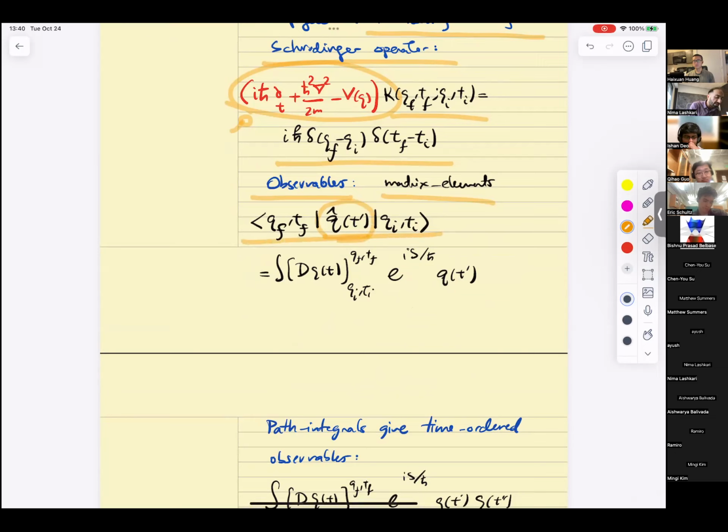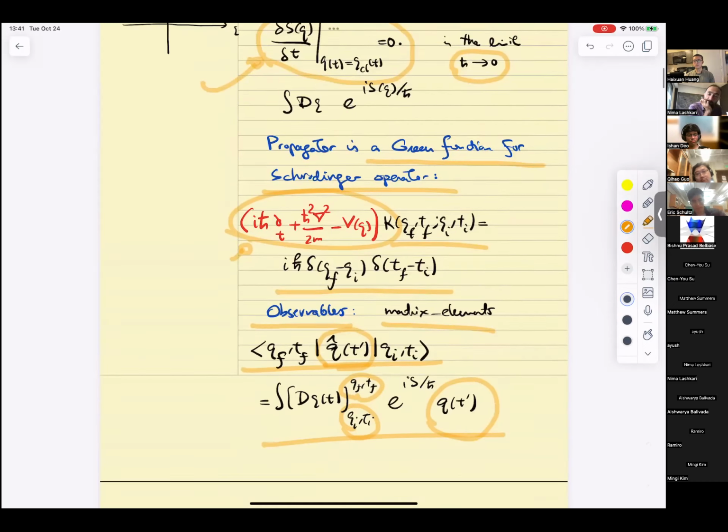The matrix element like this is calculated simply by inserting some q of t prime. This notation means that you're performing a path integral with initial and final conditions for the path: start at point q_i at time t_i and end on q_f at time t_f. Any questions about this part?